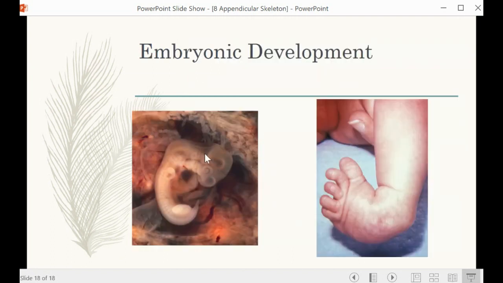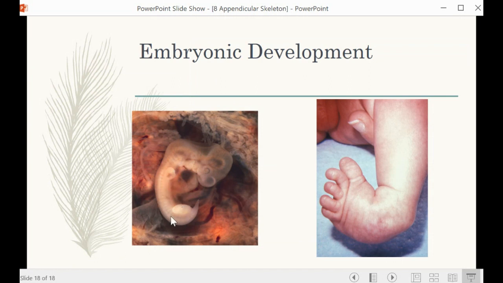As you can see in this image, this is an embryo, and I think this is 4 weeks embryonic. We already start to see the development of the spine right there, and we have arm buds and leg buds budding off already.